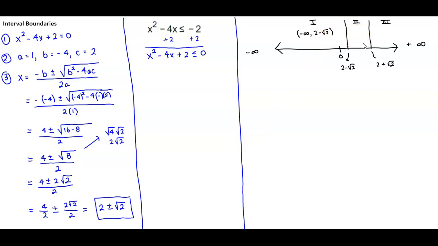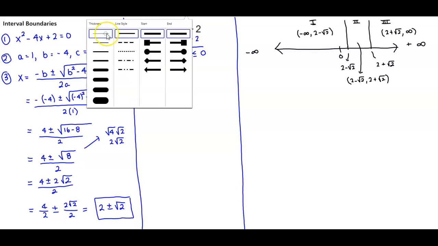So interval 2 is going to be 2 minus the square root of 2, 2 plus the square root of 2. And then interval 3 is 2 plus the square root of 2 to positive infinity.